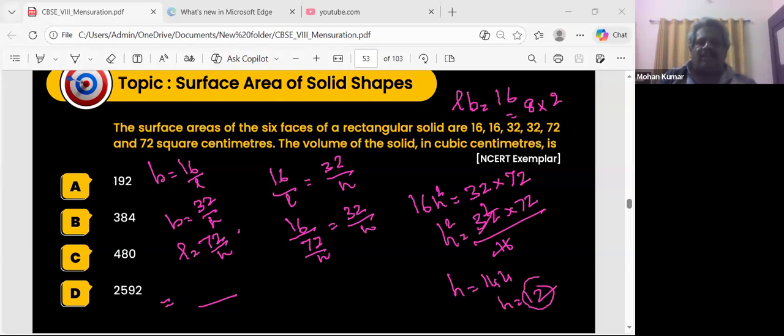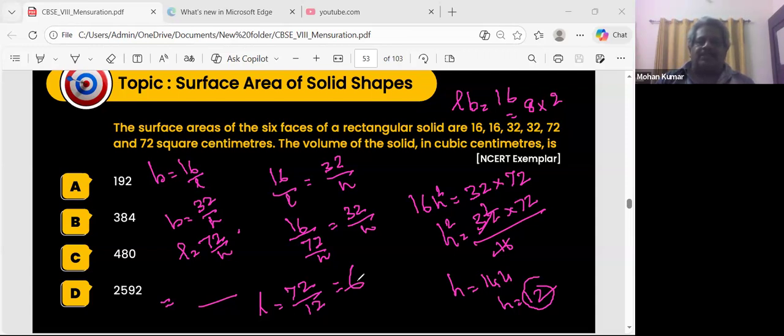Now when H equals 12, then L equals 72 by 12, which is equal to 6. So we got length equals 6, height equals 12. We got 12 into 6 is 72.